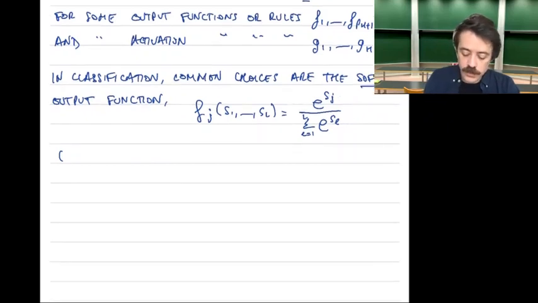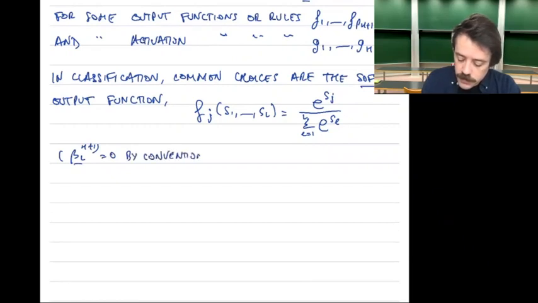That would mean we have identifiability issues. So one needs to assume that one of them is 0 by convention. This should be very familiar from logistic regression, and we'll see why. They are very connected.